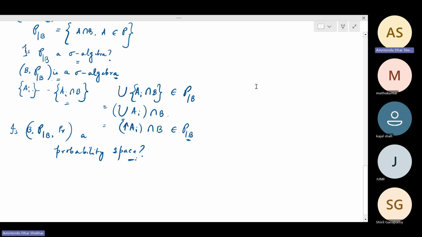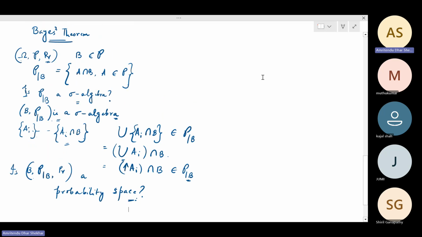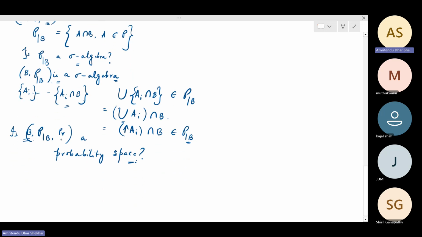Can anyone say if this is a probability space? So essentially, what I have done is that my universe is now B. My sigma algebra is now all the events intersected with B, and the measure that I'm using over here is just the same measure.